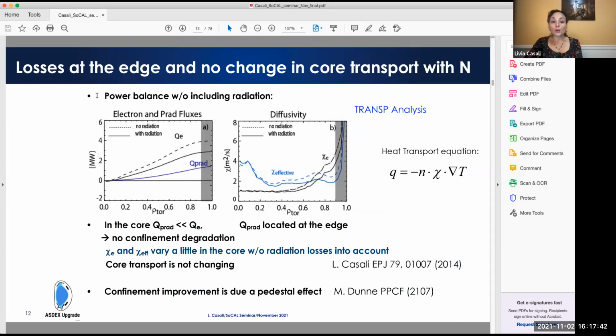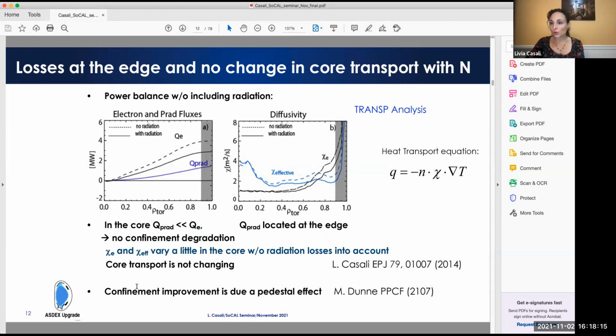By doing this, we looked at the power balance with and without including the radiation, and we could indeed confirm that the radiation was located at the edge. An analysis of chi with TRANSP showed that chi was varying only a little whether or not we included the radiation, really confirming that the core transport wasn't changing.